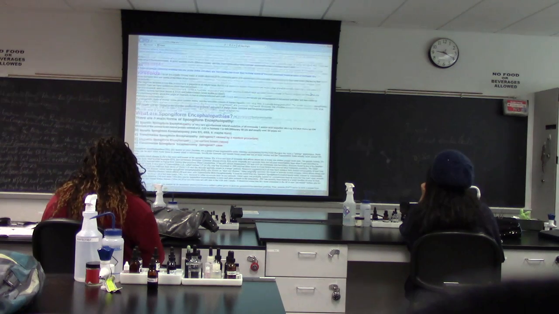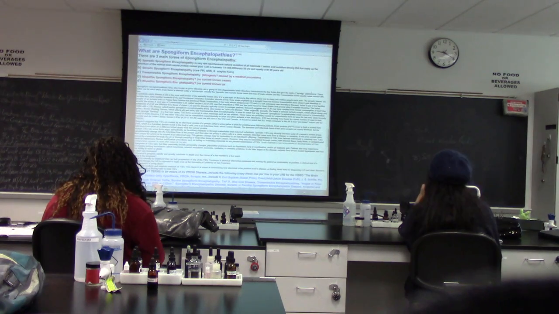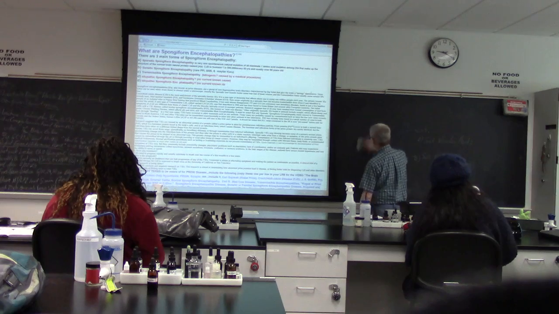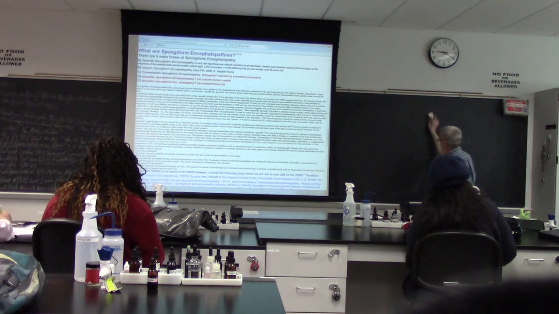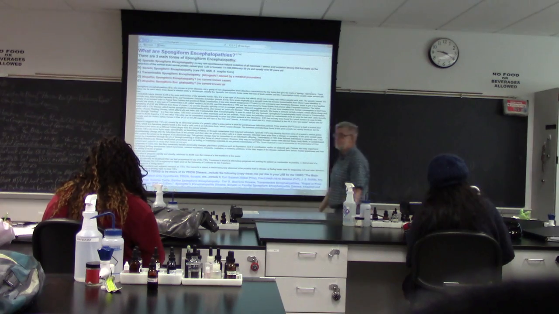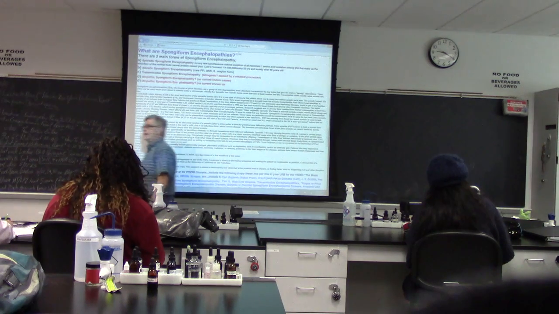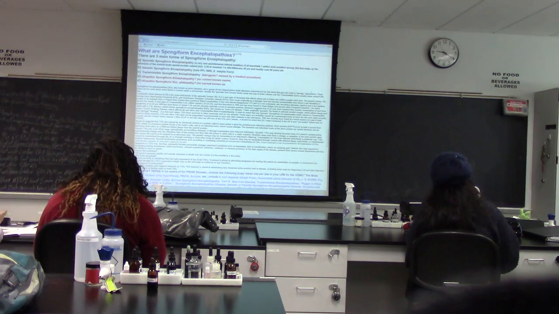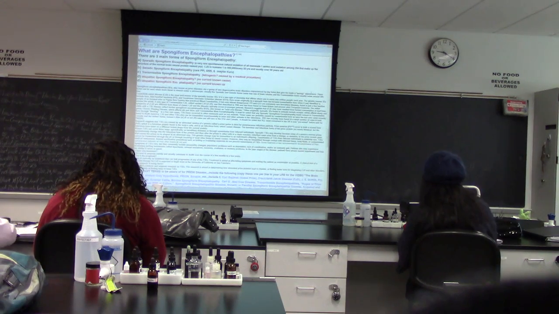All right, let's get to the stuff that's fun for today. Spongiform Encephalopathy. Oh, golly bum, I love Spongiform Encephalopathy. So let's take the word apart and see what it is. Spongiform, what does that mean?